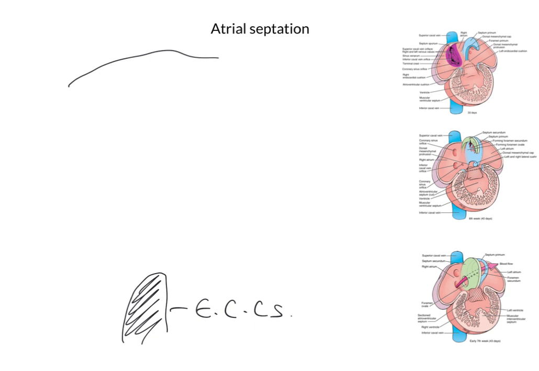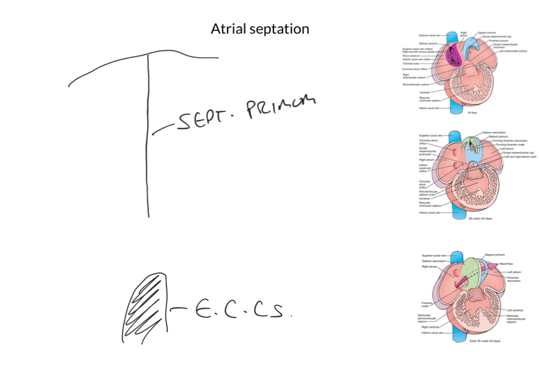Initially, a septum grows down towards the endocardial cushions, and this is the first septum to form. This is known as septum primum. So septum primum, as its name implies, is the first septum to develop.